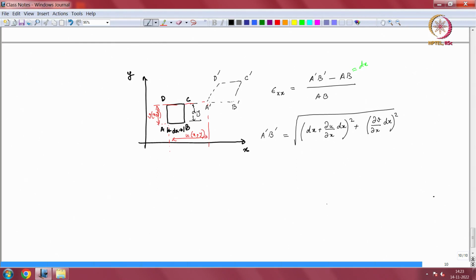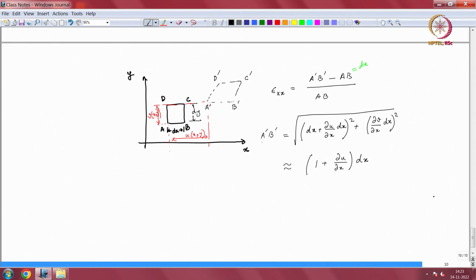So now if I simplify this down, this is nothing but 1 plus del u by del x into dx. I have dropped out the second order terms here, so I have only kept the first order terms of my equation.